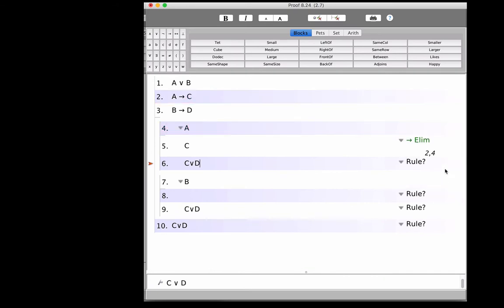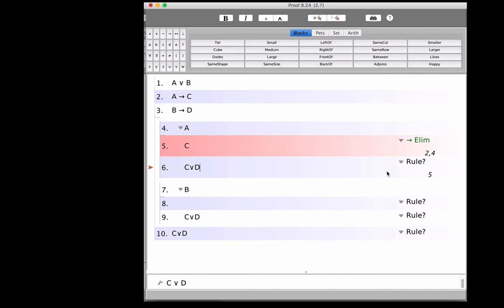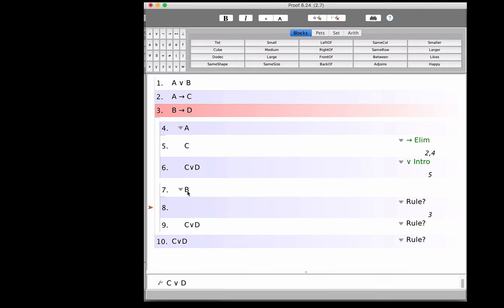You already know from chapter 6 that if you have C or D, you introduce the disjunction. Now, at line 7, what have we affirmed? The antecedent at line 3. 3, 7 gets us D.